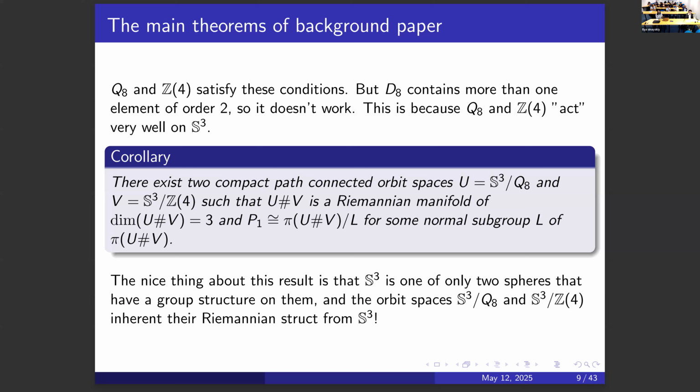So as I was saying, the nice thing about this result is that S3 is one of only two spheres that can have a group structure on it, the other one being S1. So we have a nice topological group.